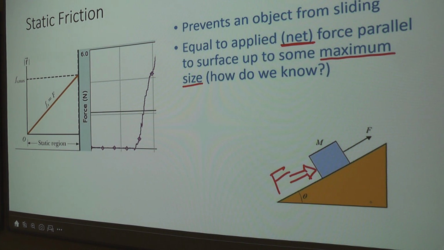Well, what if I pull on it and somebody else does too? Now friction has got those two forces to overcome. If we're pulling in the same direction, and friction is in the opposite direction, well, what if I pull it this way and somebody else came over to this side and kind of pulled it this way?